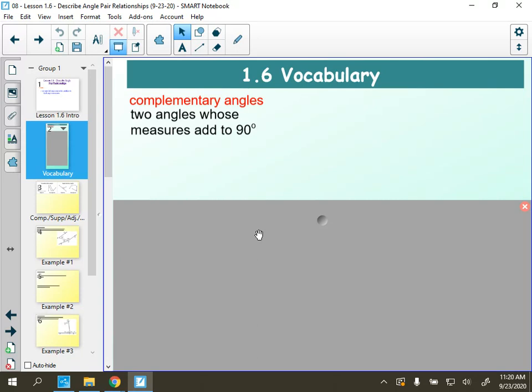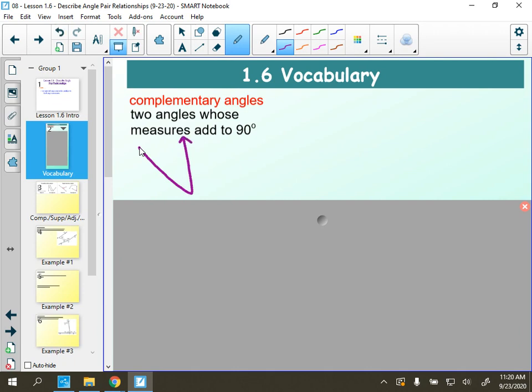One way we might see complementary angles is individual angles hanging out separately. Let's say I've got a 30 degree angle, and somewhere else I've got a 60 degree angle in angle C. Because their measures add up to 90 degrees, we could definitely say that angle B and angle C are complementary.